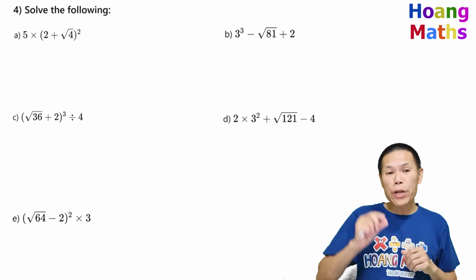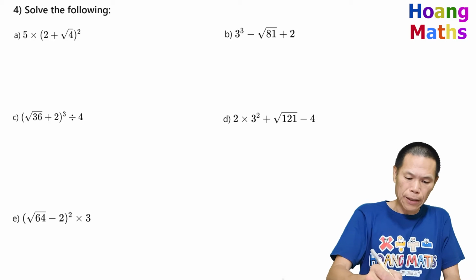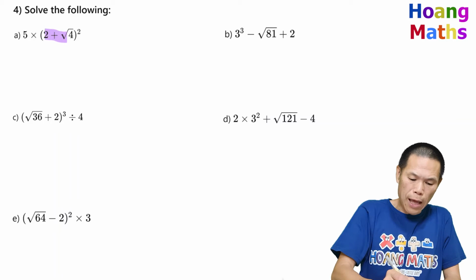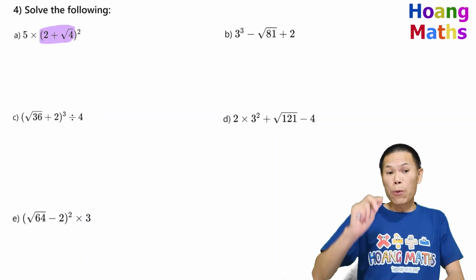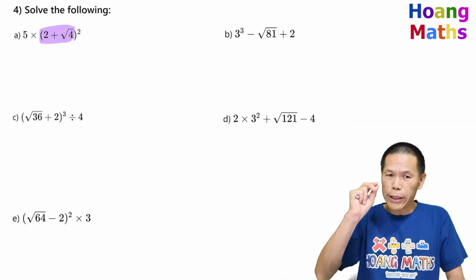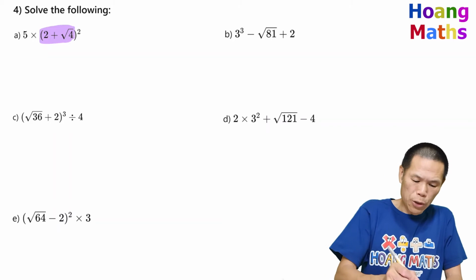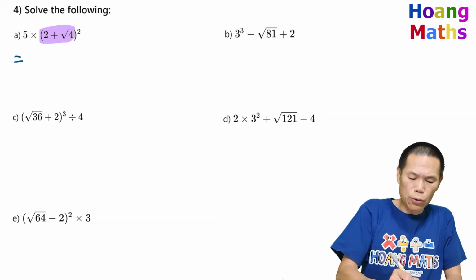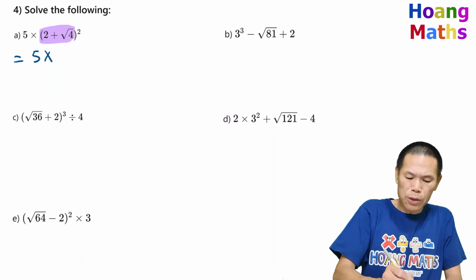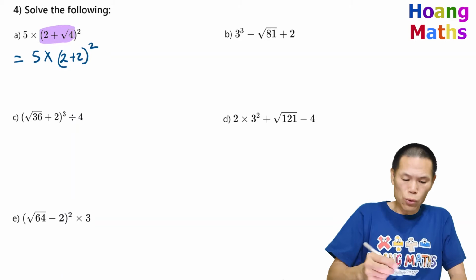First of all, we need to work out inside the bracket first, for part A. So 2 plus square root of 4. And we know that square root of 4 is 2 because 4 is 2 times 2. So therefore, square root of 4 gives me 2. So that is equal to, I write 5 times, 2 plus 2 to the power of 2. And we know that 2 plus 2 is 4.